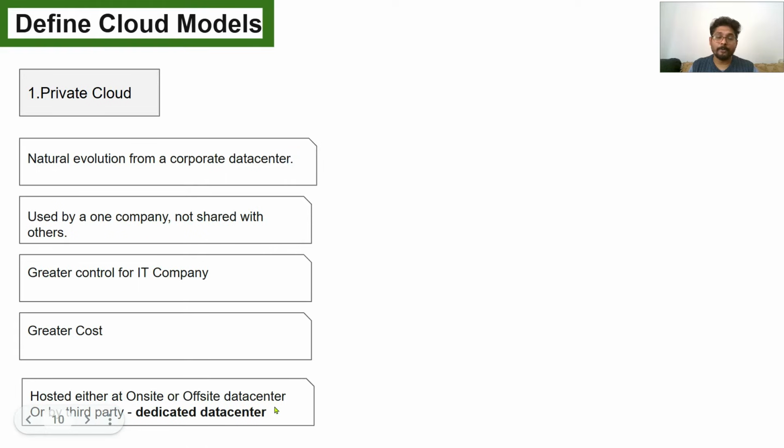I'll tell them that is where you build a data center for my company. That is one possibility. Or else I can use a dedicated data center already built by a third party. I'll buy that and use that data center for myself. So multiple possibilities are there. One thing is pretty clear: private cloud means used by one company, not shared with others. The keyword that you should remember is dedicated data center.